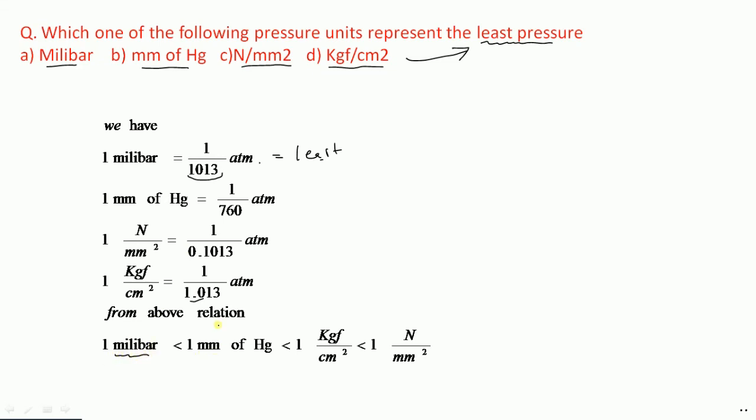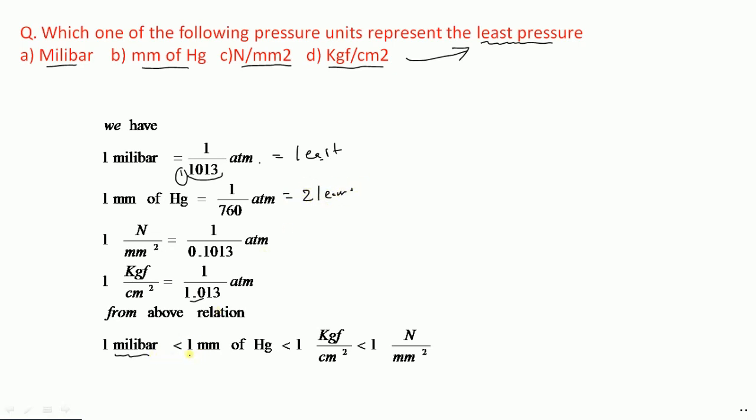Second one is 1 mm of Hg, that is 1 upon 760. As this is the bigger value, its quotient is least, and this gives the second least value.